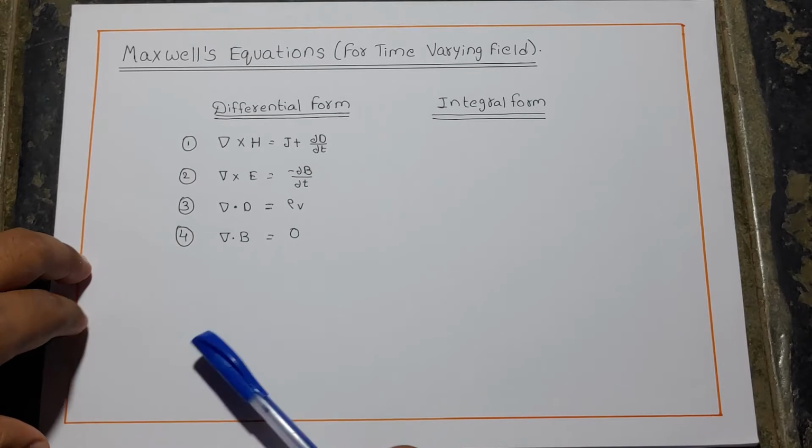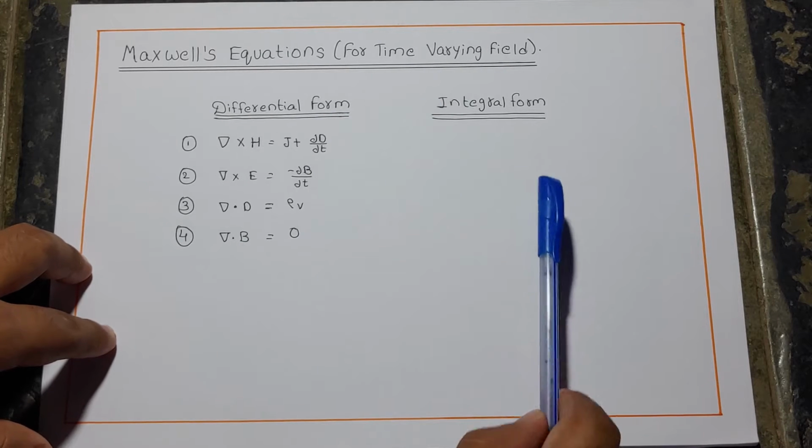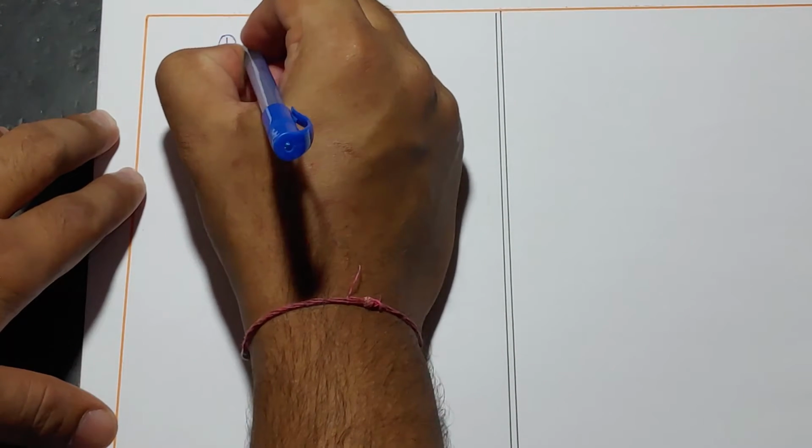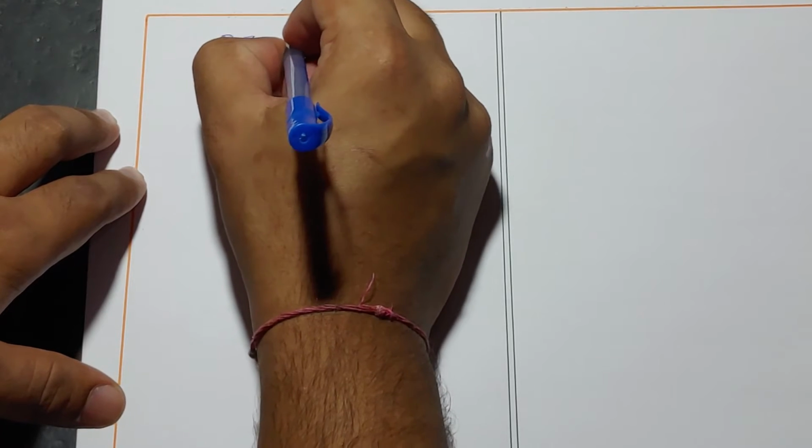Now let us solve for the integral form of this, which is Maxwell's first equation in time varying field.